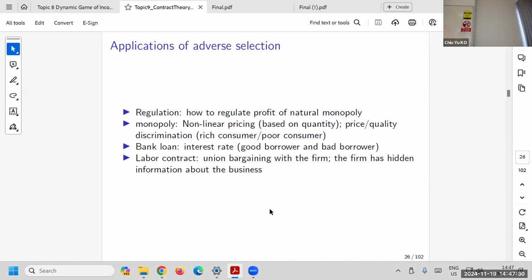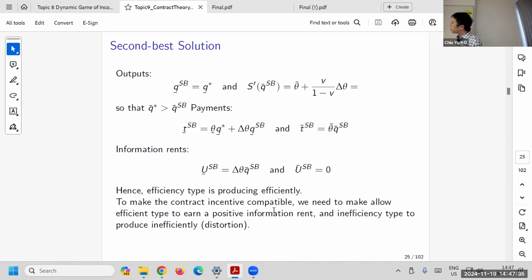But just to remind you, what is the main conclusion here? The main conclusion here is that in the Mirrlees-type adverse selection model, the efficient one would do as they should have done in the complete information setup. But in order to prevent the efficient type from pretending to be the inefficient one, you make the contract for the inefficient type inefficient.